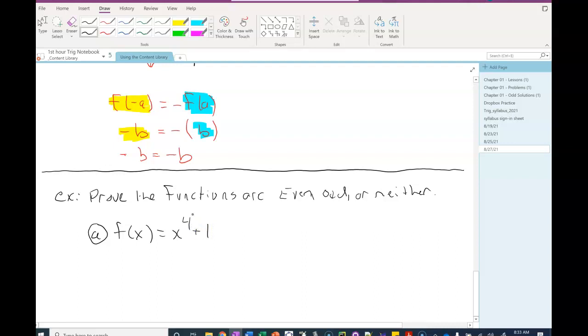So we'll do a couple of examples doing this. So don't get too scared when you read the direction. It says prove. The proof here is not like a geometric proof where you're doing two columns and using theorems. The proof here is just using our algebraic definitions.